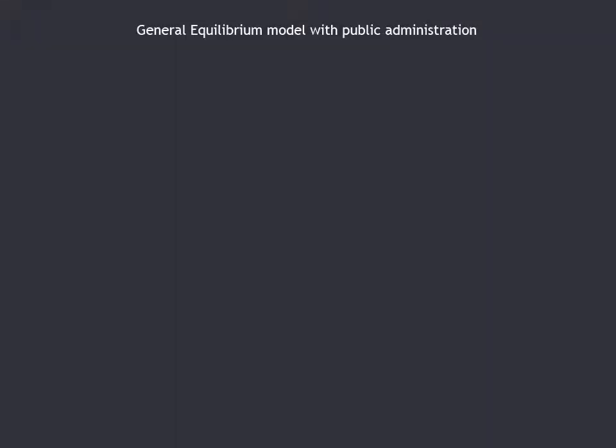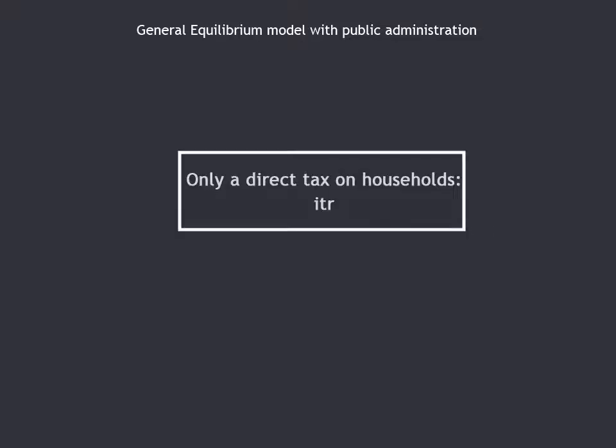So let's start with the description of the public administration's revenues, and in particular the revenues drawn from direct taxation. What we consider here is a unique direct taxation on households. And this tax is defined by an income tax rate, which is called ITR.